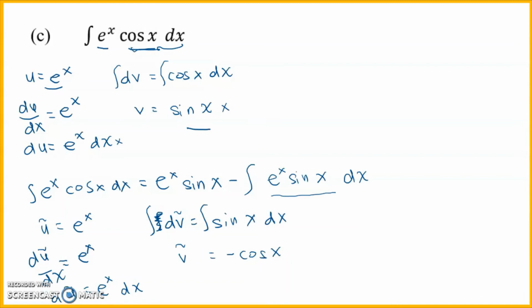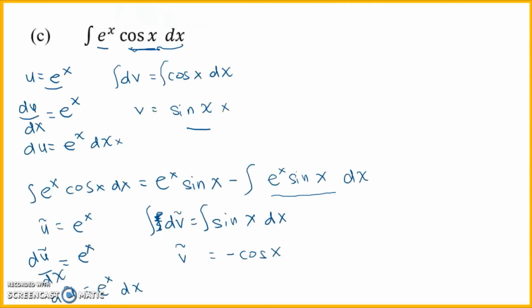Now substitute this into the formula: the integral of u tutor dv tutor equals u tutor v tutor minus the integral of v tutor du tutor. I just use u tutor and v tutor to distinguish computations in the first set and the second set.